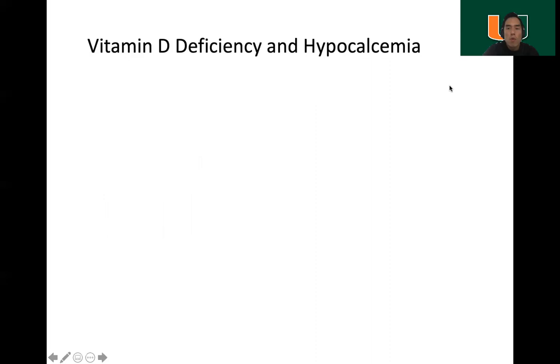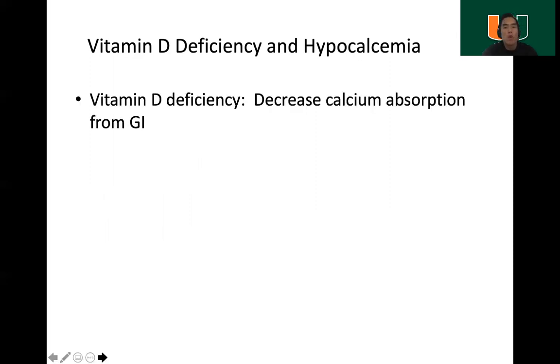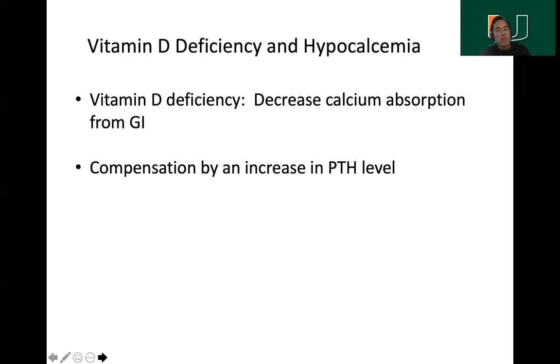So why do I say that vitamin D deficiency does not always result in hypocalcemia? What happens in a patient with vitamin D deficiency? You have decreased calcium absorption from the GI tract, so calcium goes down. It is compensated by an increase in PTH level.